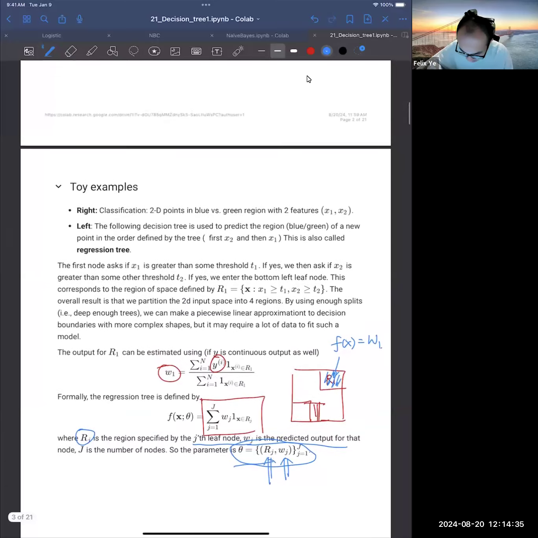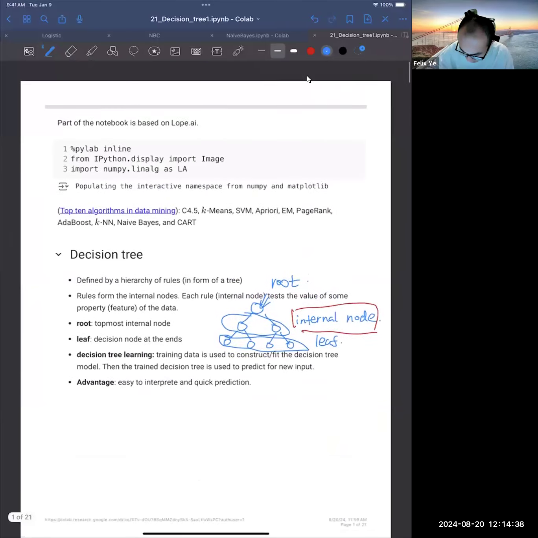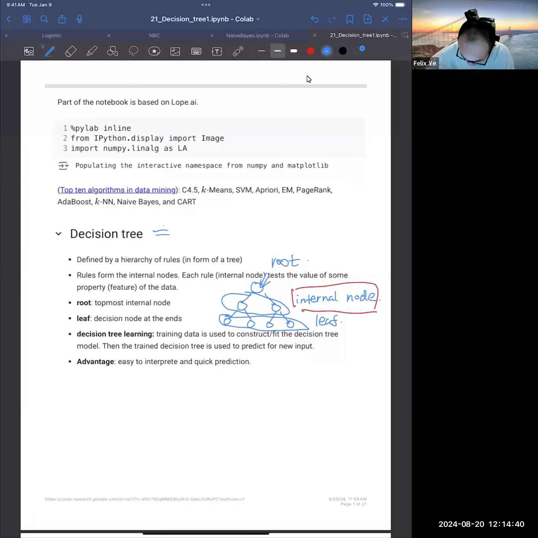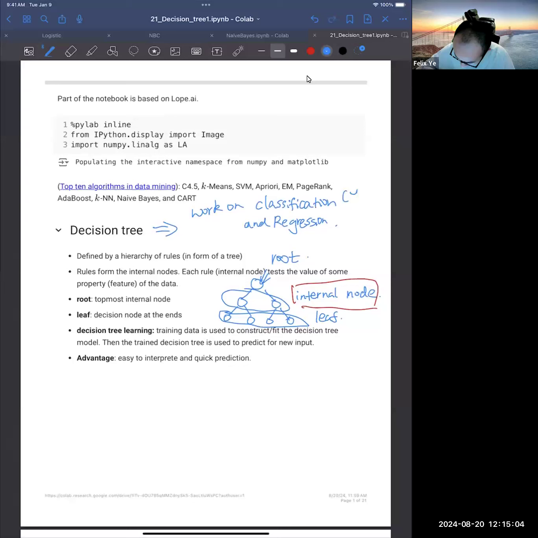As you can see right here, the decision tree can work on classification and regression, so it can work on both, depending on whether my y is discrete or y is continuous.